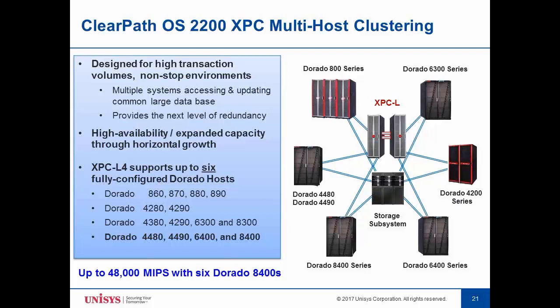The chart there again shows that with 6 Dorado 8400s, you can now have up to 48,000 MIPS, all within a single OS 2200 processing complex, all sharing access to a common DMS database and file structures. Provides the ultimate in high availability.